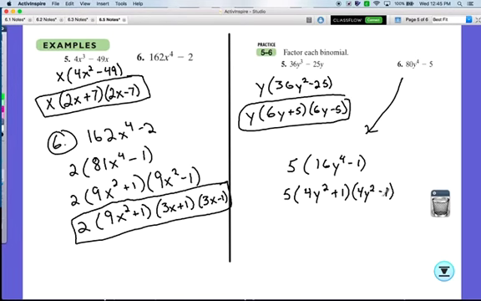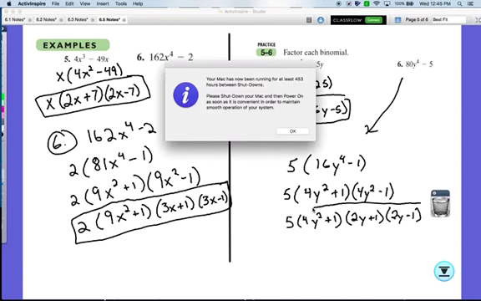But since we have 4 and 1, and it's a difference on the last one, that'll factor again. So I rewrite the first two factors, 5 and 4y squared plus 1. And then the subtraction, the difference one, will factor into 2y plus 1, 2y minus 1. And now we've factored it completely.